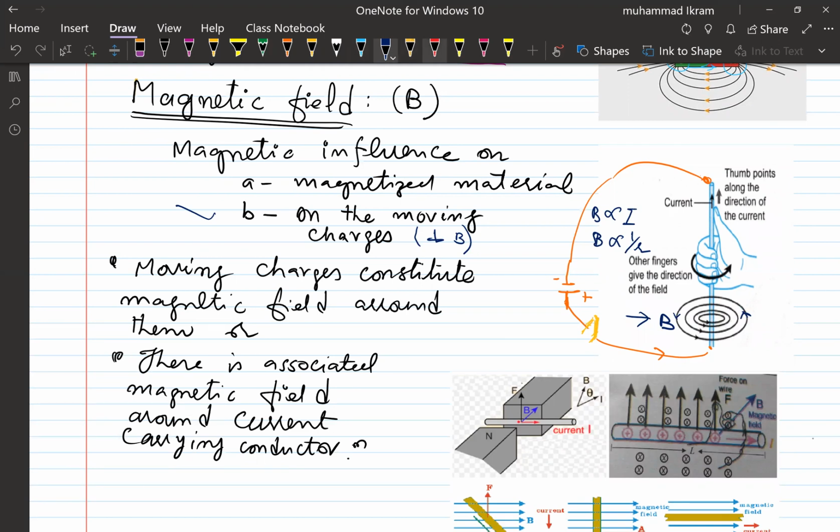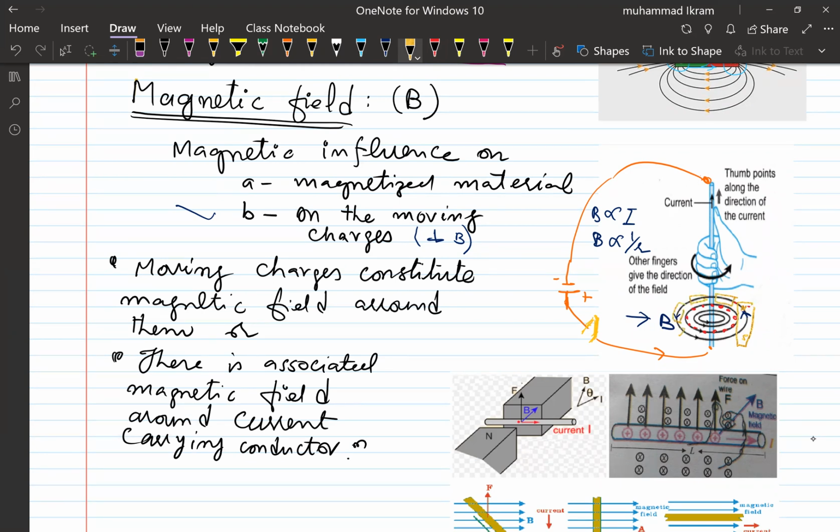It is just as if every point on the circle acts like a tiny magnet, with north pole and south pole, as if someone had placed magnets all around the conductor.